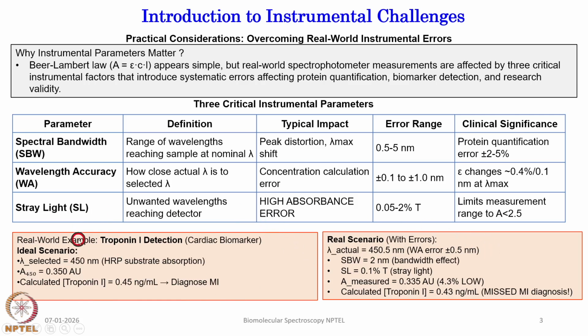Now, that is a real world scenario, but suppose an error is happening, your lambda max is 450.5, and the spectral bandwidth is 2 nanometer, which is again problematic, and stray light is coming.